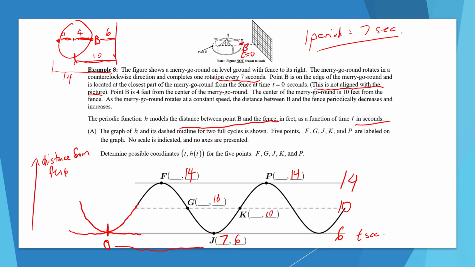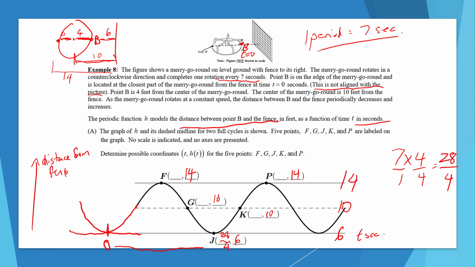Now, how do we figure out the other x coordinates, now that we know the period is 7? This is a trick that you will need to use: we're going to take 7 and multiply it by 4 over 4, which is multiplying it by 1. This will get us 28 over 4, all right? And that is going to be 1 full period. So here, I'm going to rewrite this as 28 over 4, and then divide this by, what's 28 divided by 4?